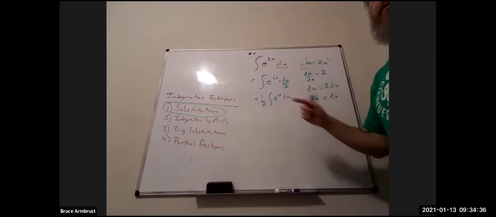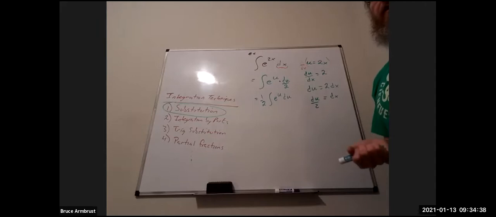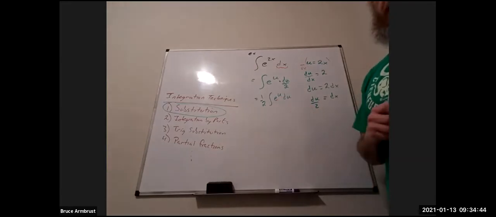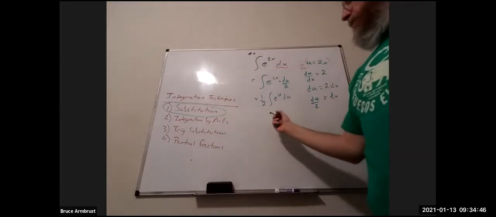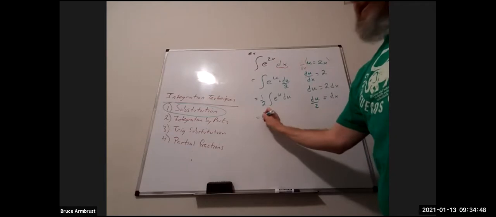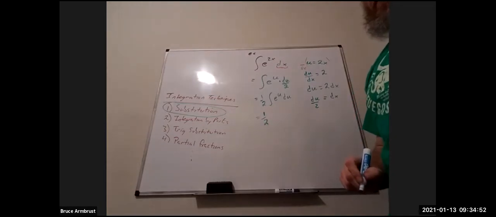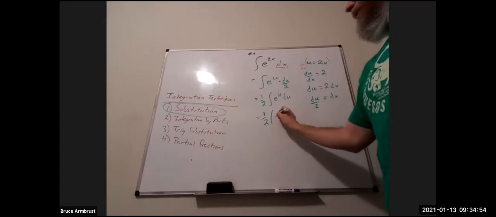I turned it into an integral that I know how to calculate. All right, so what's the integral of e to the u? What's the antiderivative of that? All right, good. It's e to the u.